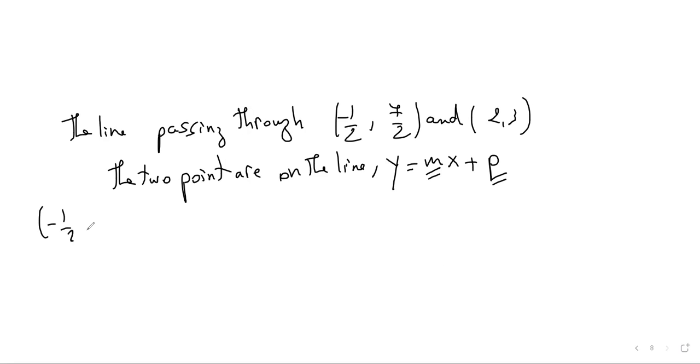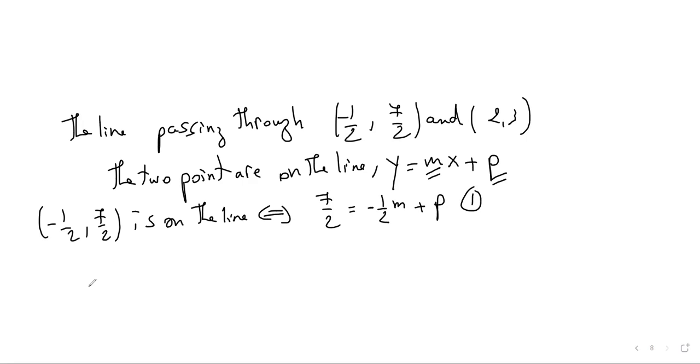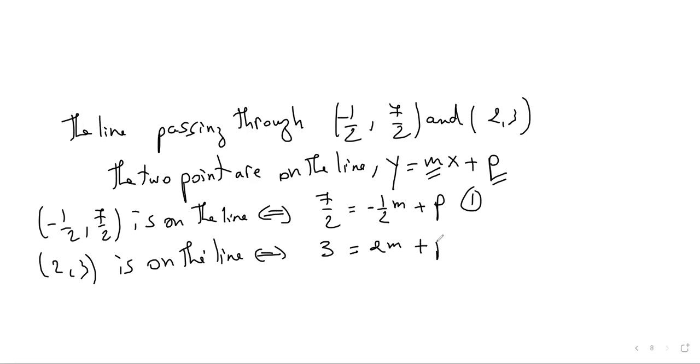So (-1/2, 7/2) is on the line, which means I need to substitute x and y. So 7/2 is equal to -1/2 m plus p. This is the first equation. Second equation: (2, 3) is on the line. This means that 3 is equal to 2m plus p. Right, so I have two equations, two unknowns, m and p, and it's easy to find them.